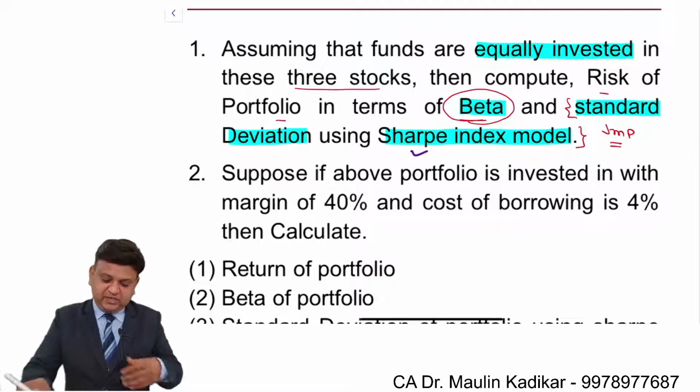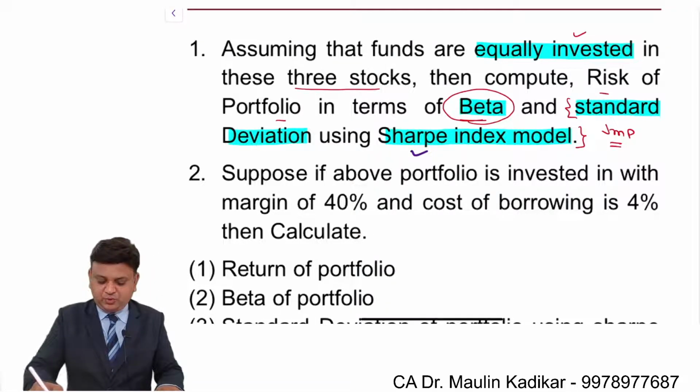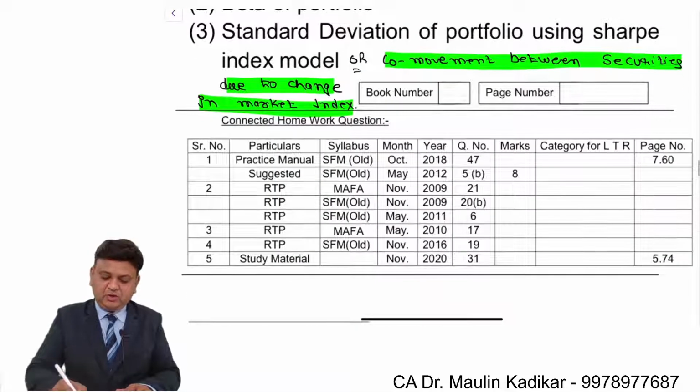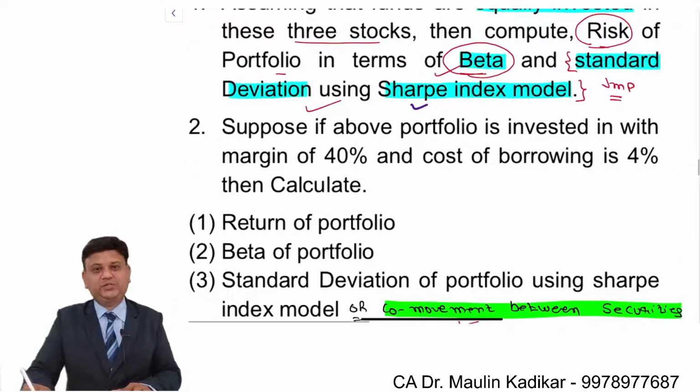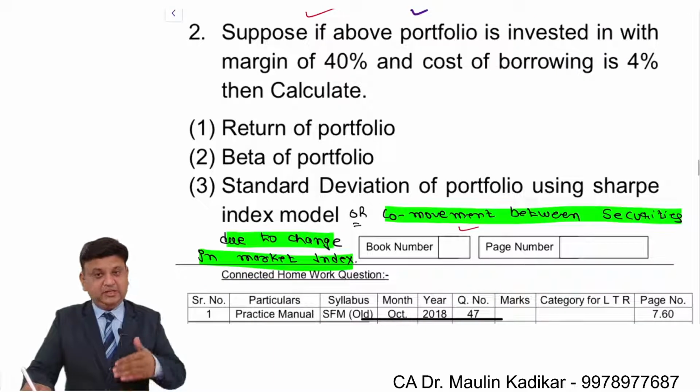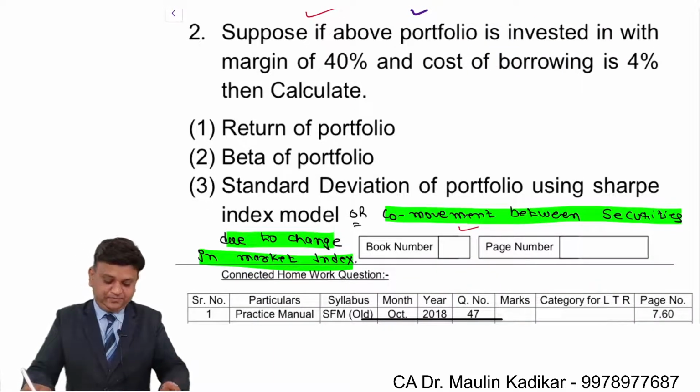Assuming that funds are equally invested in these three stocks, compute risk of the portfolio in terms of beta, that is what we have done, 0.9, standard deviation using Sharpe index model, or using the co-movement between the securities due to change in the market index. That is what we have done. Now the second part of the question.